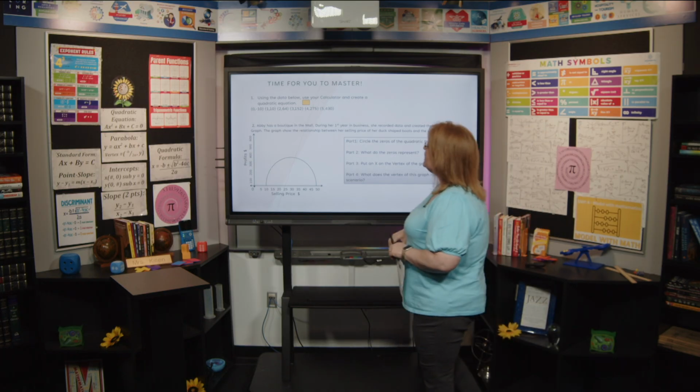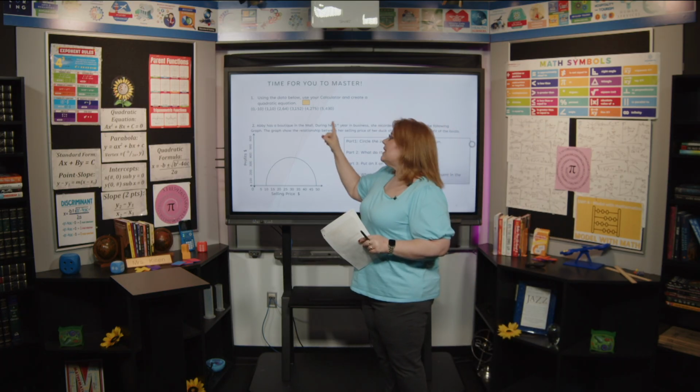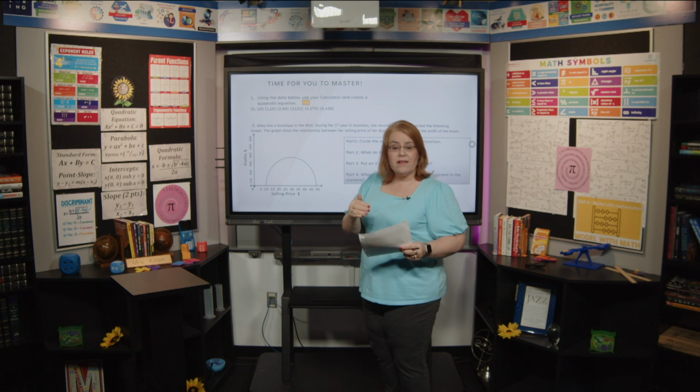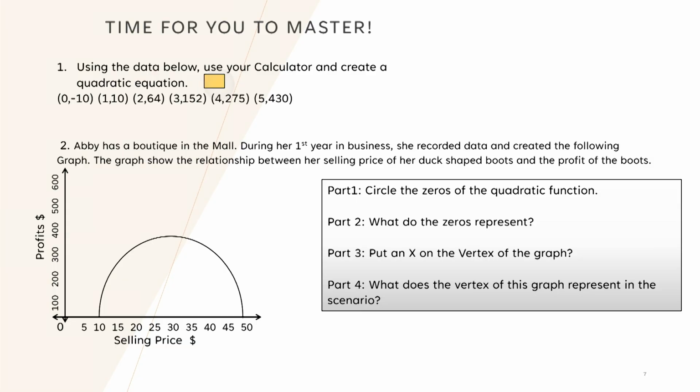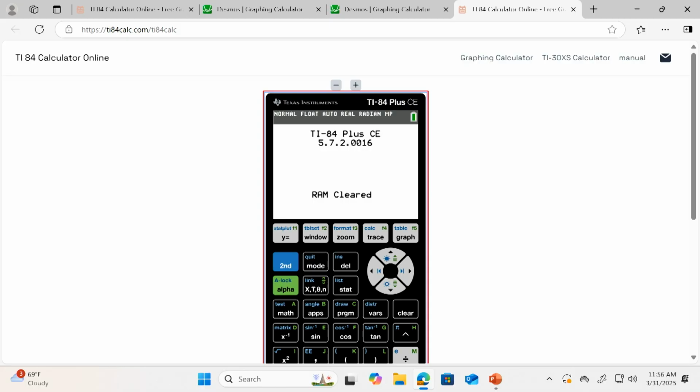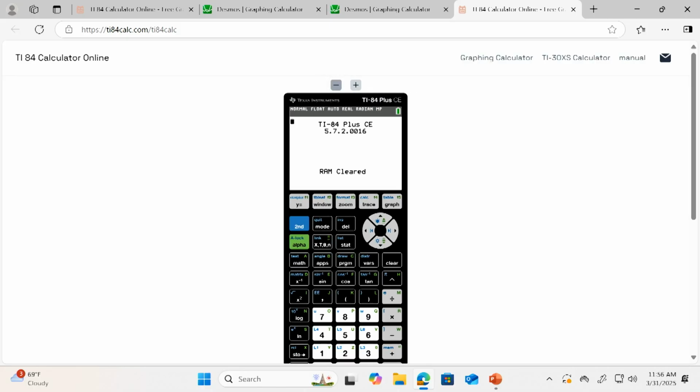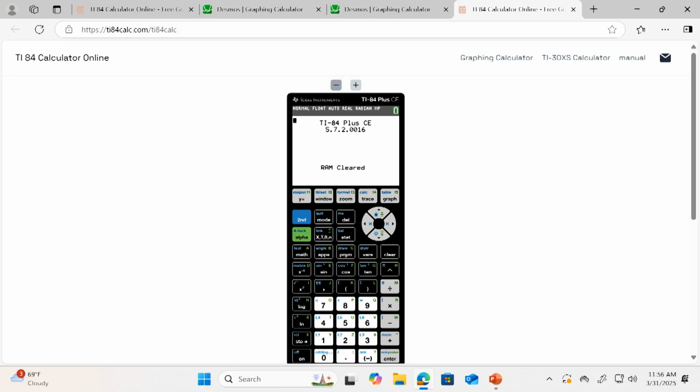All right, for my data, I'm going to plug this into my calculator. So go ahead and follow along with me or make sure that I put in the same values you did. I go to Stat, 1, and I'm going to put in my information: 0, 1, 2, 3, 4, 5.